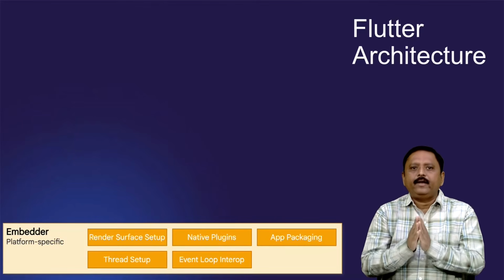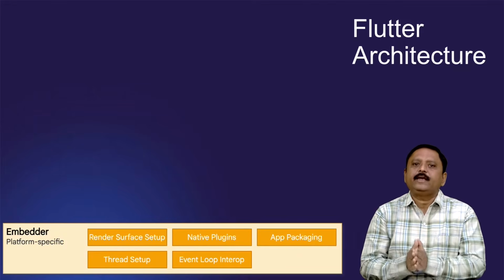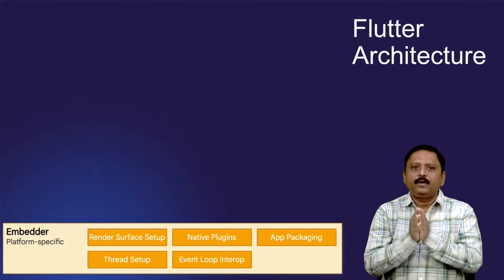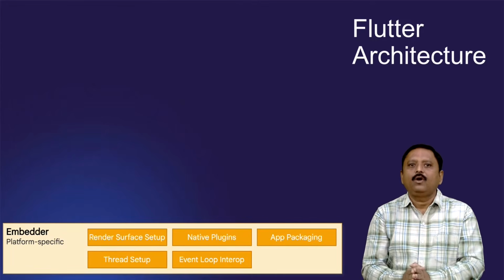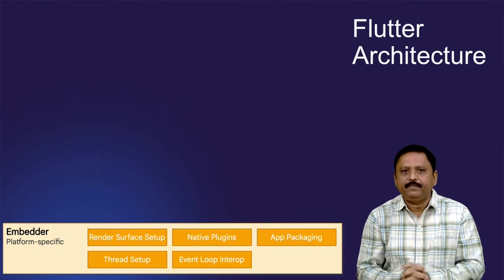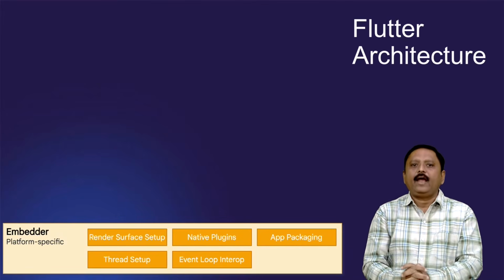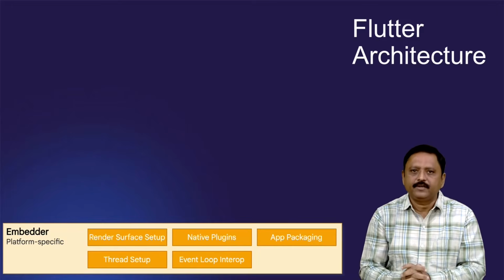The embedder is written in a language that is appropriate for the platform. Currently, Java and C++ for Android, Objective-C or Objective-C++ for iOS and macOS, and C++ for Windows and Linux.